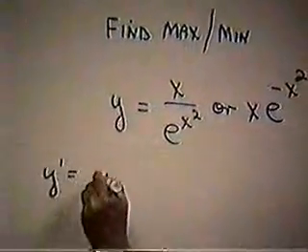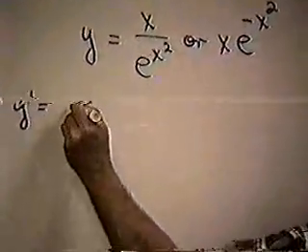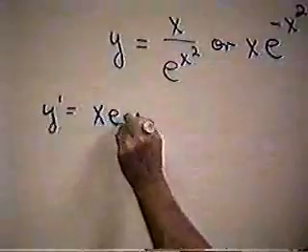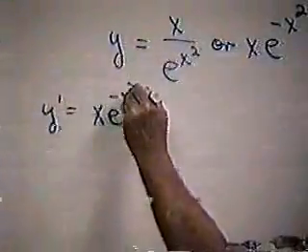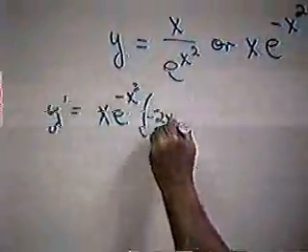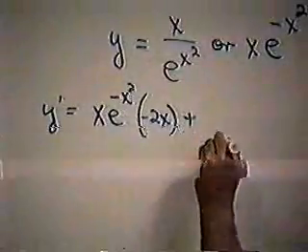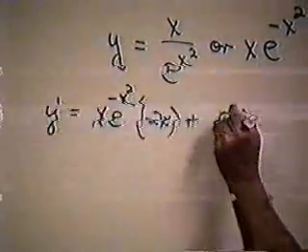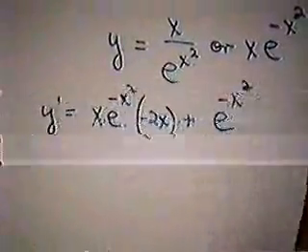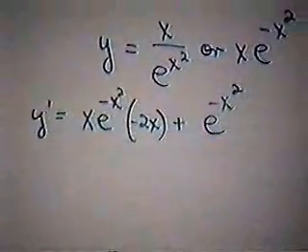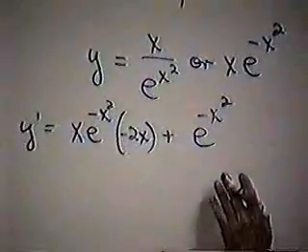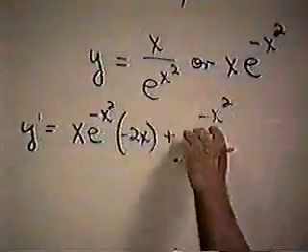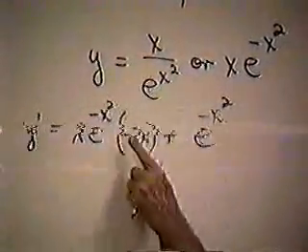Y prime is equal to x times e to the minus x squared times the derivative of the power, which is a minus 2x, plus derivative of x is 1, so this is e to the minus x squared. Now, I referred earlier that whenever you do these for max and minimum and other applications, you're going to get this in both of them.